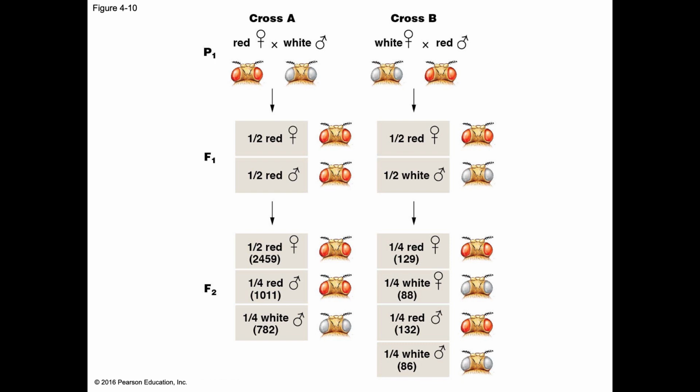One is going to be homozygous dominant for red, one is heterozygous. But either way, all of those females have red eyes. You also get 50% of your offspring are male. However, we now have one male that has the red allele and one male that has a copy of the X chromosome that would encode white. So in this case, you would have 25% of your offspring would be males with red eyes, 25% of your offspring would be males with white eyes.